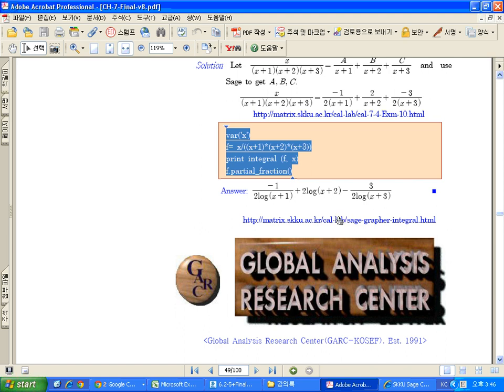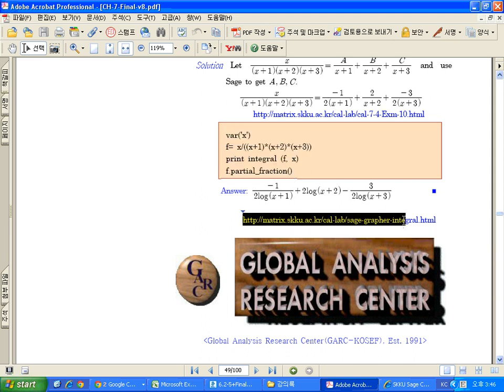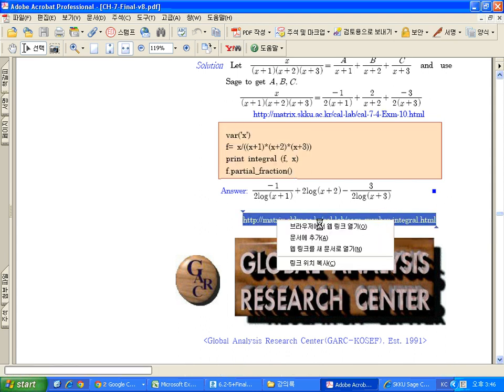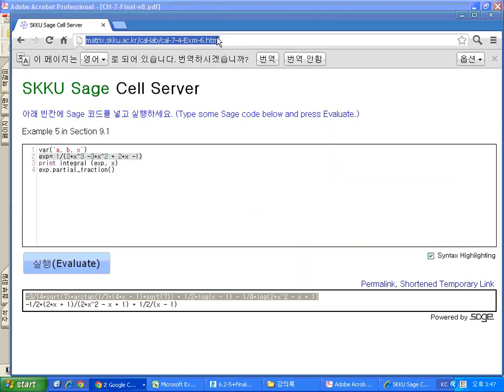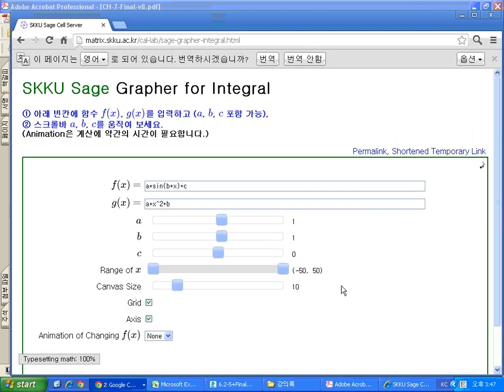And also, we have developed the Sage graph for integral. I may show you what it is. Copy the link, and go. Okay.